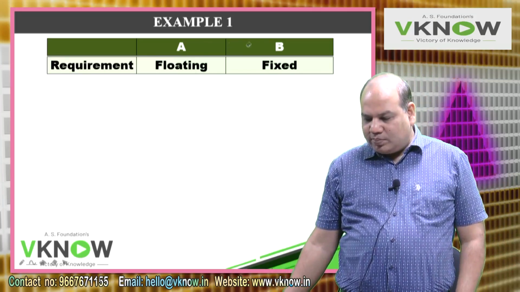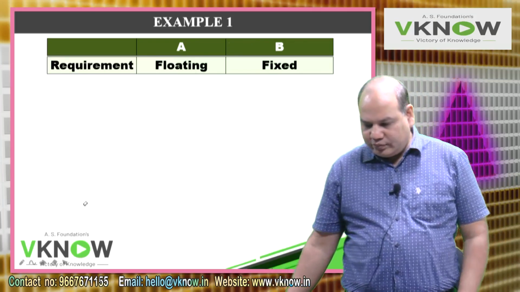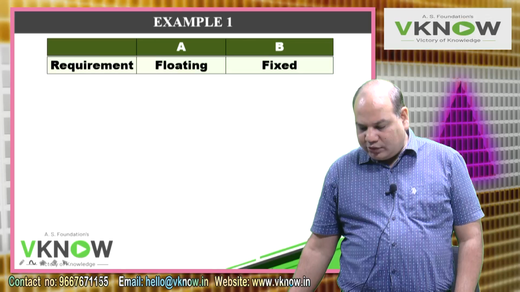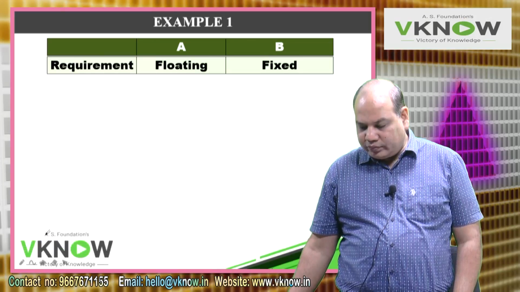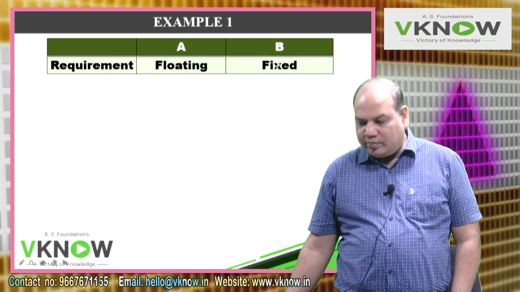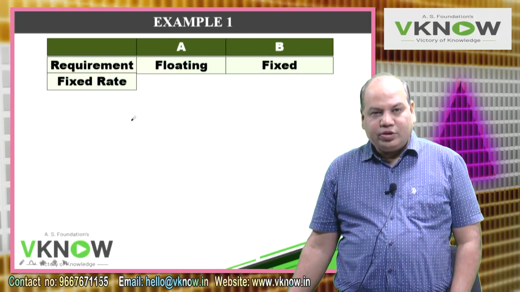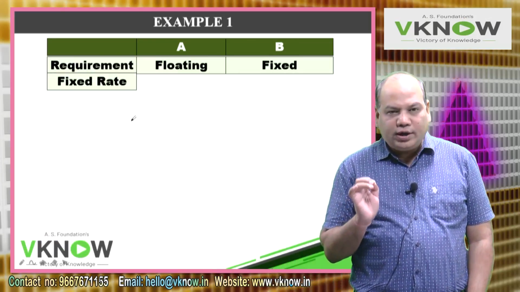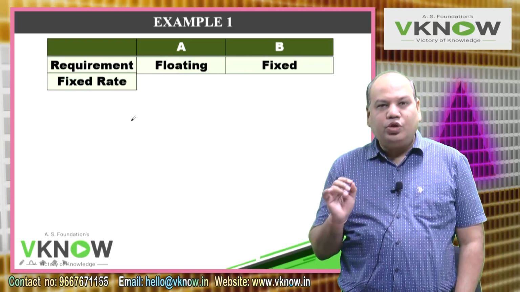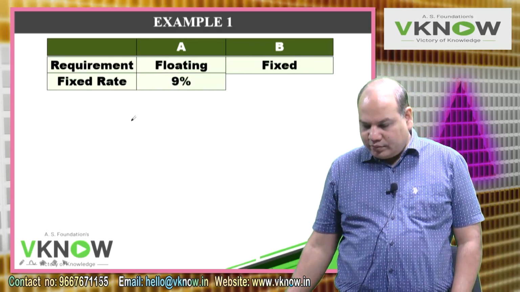Example 1, two companies, write down A and B. A's requirement is floating. B's requirement is fixed. That means A wants to borrow at floating rate, B wants to borrow at fixed rate.